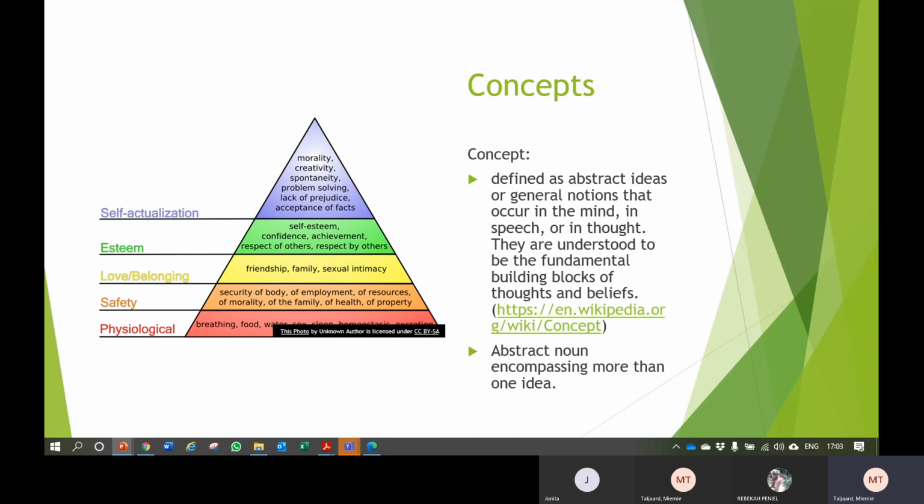And he said, those are our physiological needs. So do you see that it's an abstract noun encompassing more than one idea? He looked at security of body, employment, resources, morality, family, health, and property. And he said all of those fall under safety.